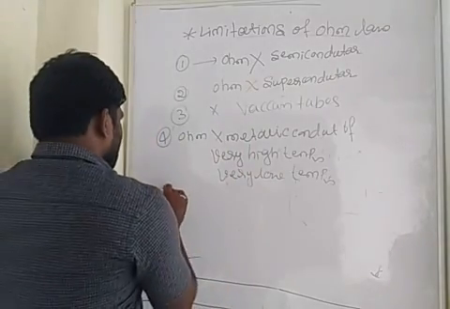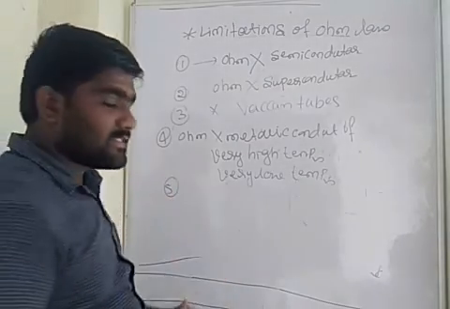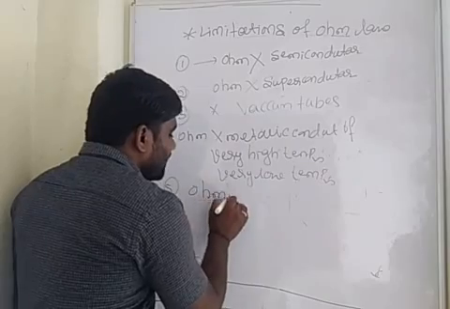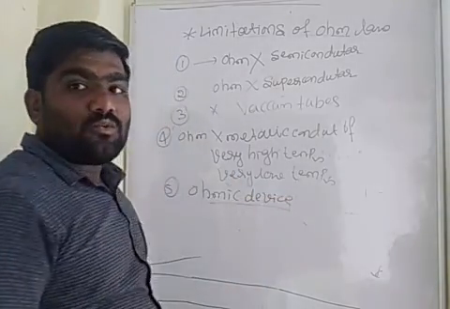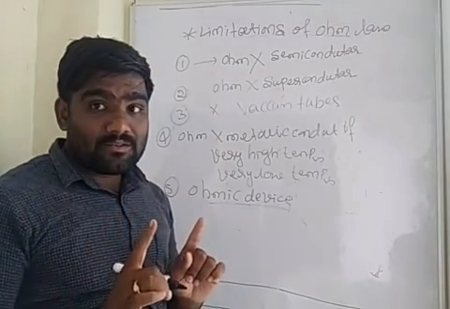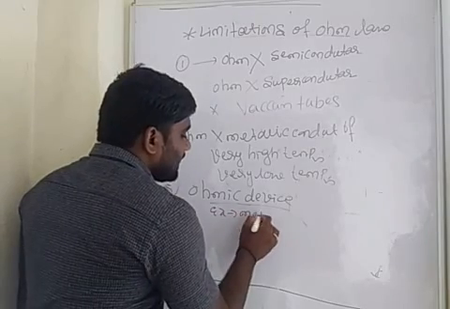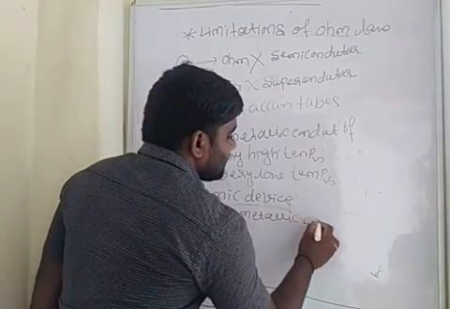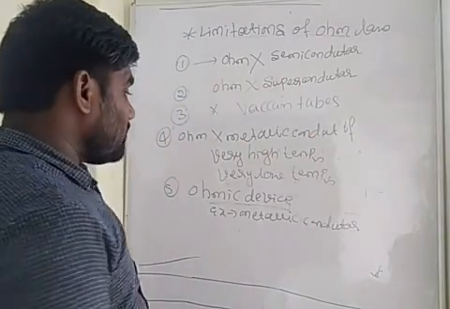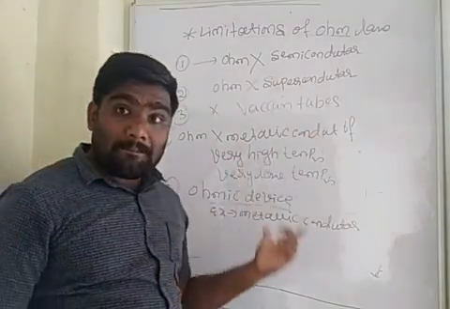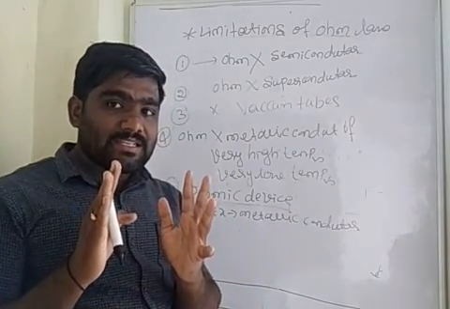See here, the fifth one I am writing here. Ohm's law is applicable to ohmic devices. What is an ohmic device? These are the devices in which Ohm's law is applicable. For example, a metallic conductor. The metallic conductor obeys it only when it maintains a constant temperature.